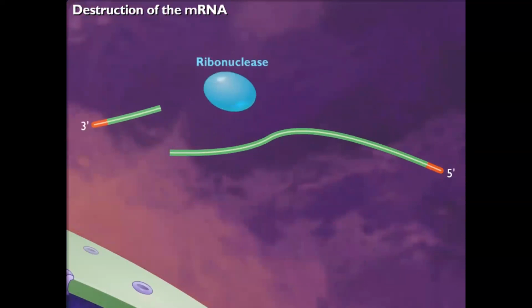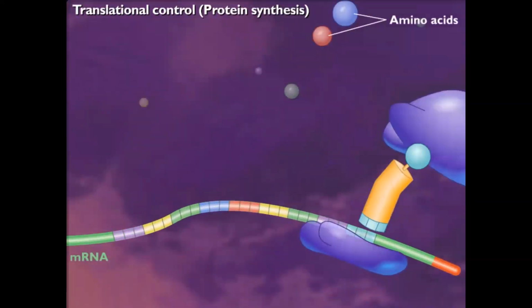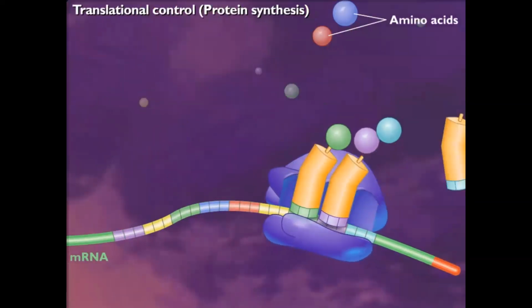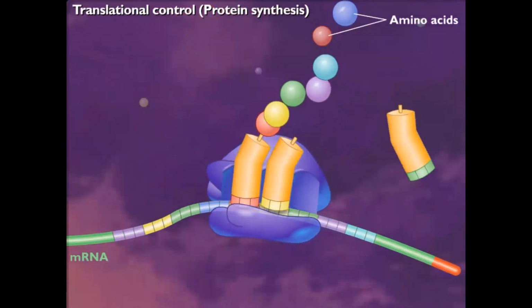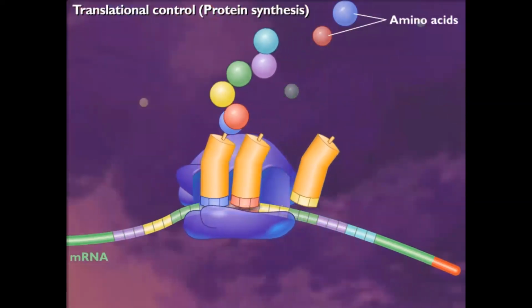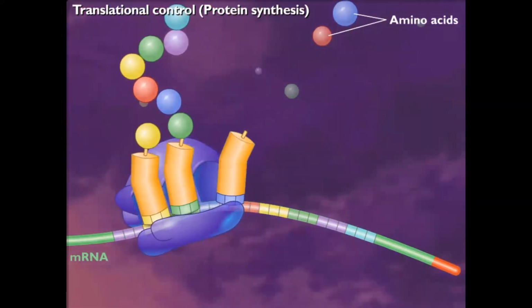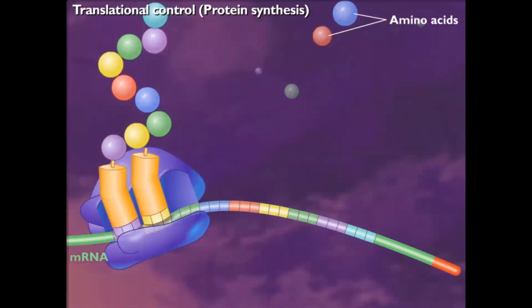Gene expression can be regulated by modulating the degree to which the messenger RNA is degraded. The translation process involves many different proteins and amino acids. The rate of gene expression can be regulated by controlling these factors. The availability or activity of any of the amino acids or proteins can alter the rate of protein synthesis and the amount of gene product.